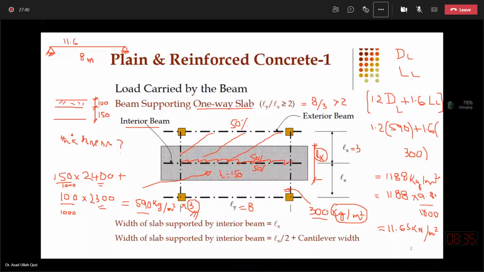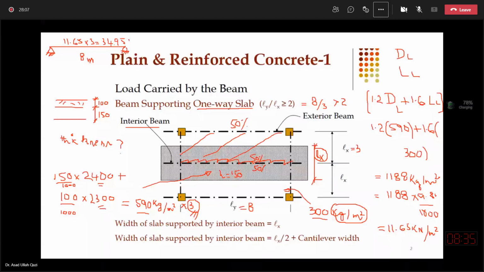So how much is the result? 34 point something. So 34.95, or 35 kilonewton per meter is the ultimate load on this beam against which you will design this beam.